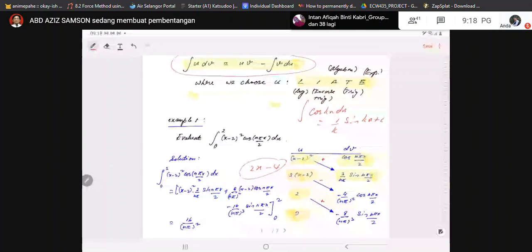So that's why we have 2 over n pi sine n pi x over 2.